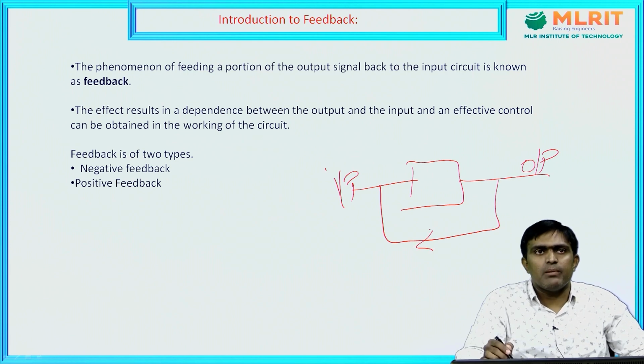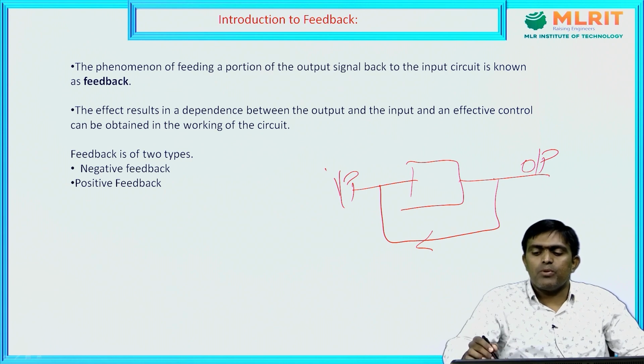This process is nothing but feedback, and it results in dependency between the output and the input, and an effective control can be obtained in the working of the circuit.